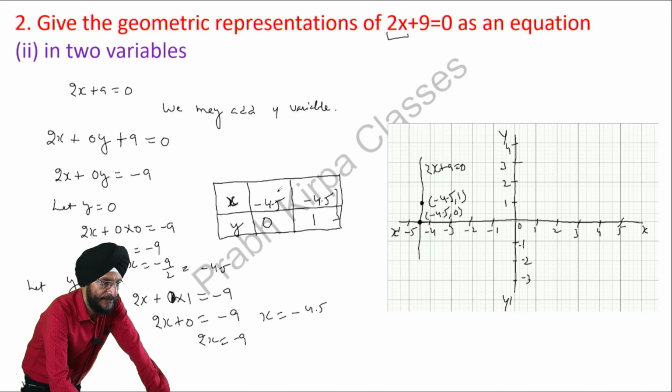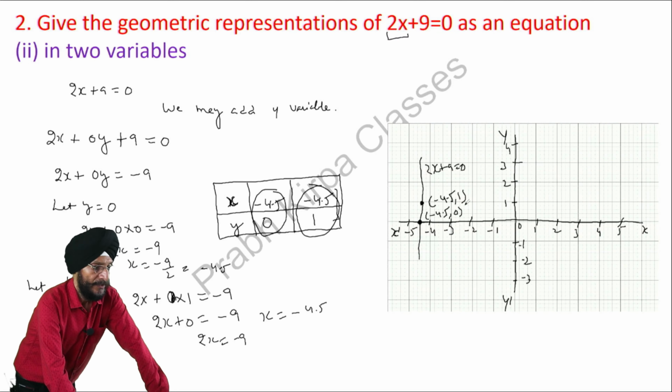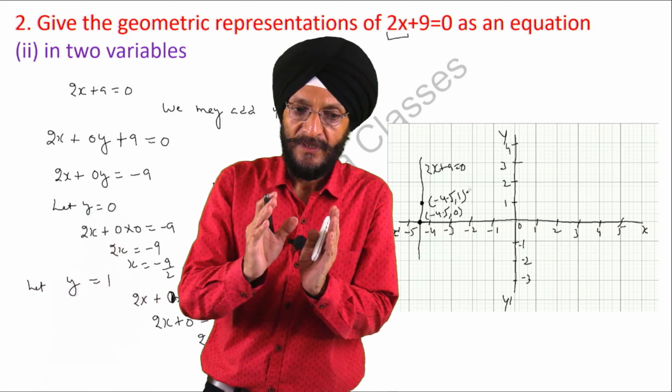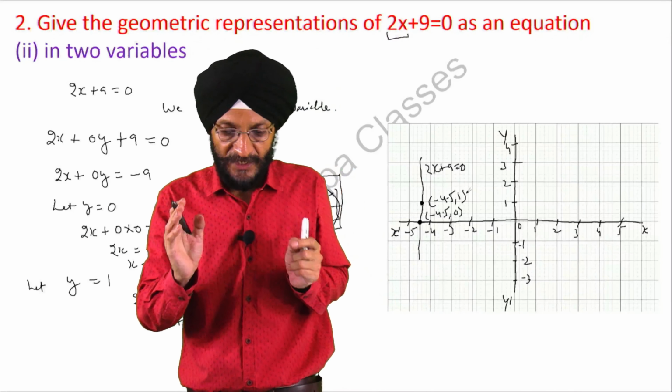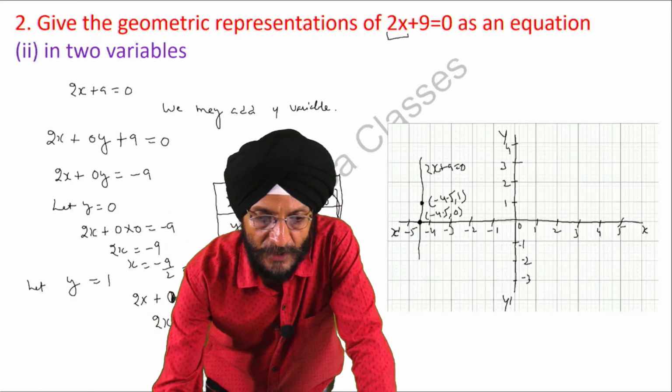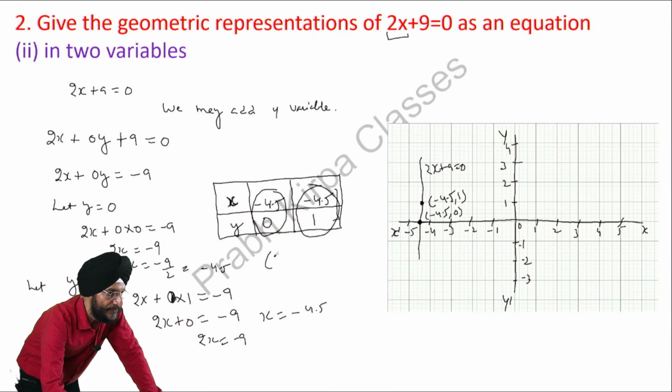First we have written this value minus 4.5, then this value which has been written on the upper side. Now this is the geometrical representation of the equation which was given to us in the examination. You can also write the solutions here, minus 4.5, 0, next solution minus 4.5 and 1.